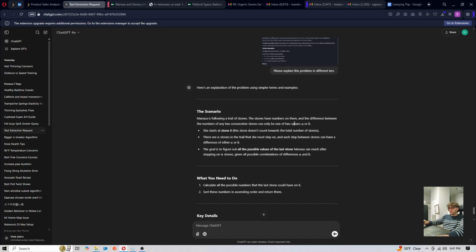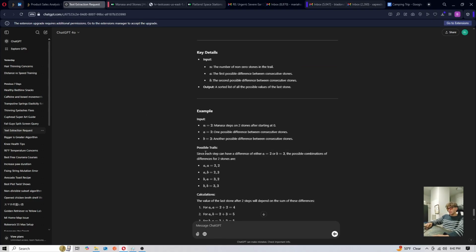Okay, so do the stones themselves have values? Because it keeps saying difference, but why say difference unless there's an original value? Since each step can have a difference of A equals 2 or B equals 3, the possible combinations of the differences for stone 2. Okay, stone 2, because there's stone 0, there's stone 1, and there's stone 2. So is it really talking about true stone 2 here?